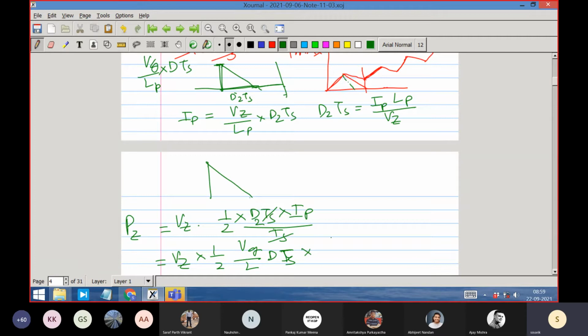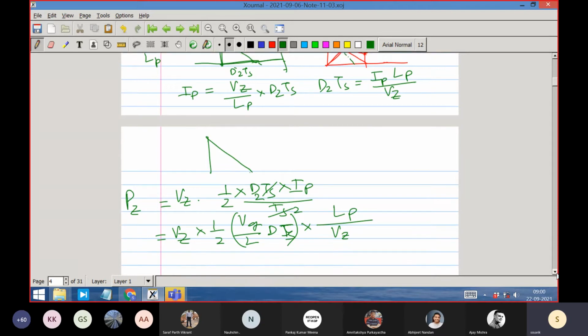D2 is how much? Again I peak is coming, so that means this square, into Lp by Vz.